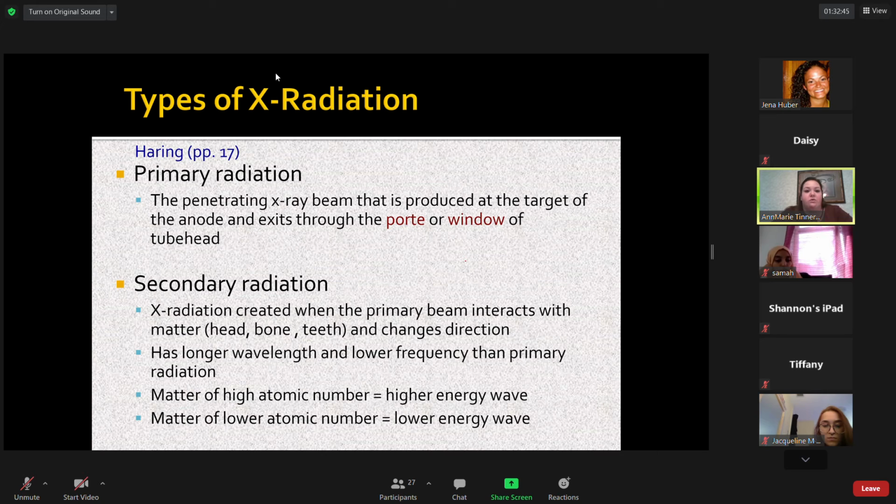So in our case, we're talking about the head, the bone, the teeth, and it changes the direction. This radiation has longer wavelengths and lower frequency, much lower than primary radiation. And again, we talked about this a couple of slides ago. The high atomic number has high energy waves, and a low atomic number has lower energy waves.